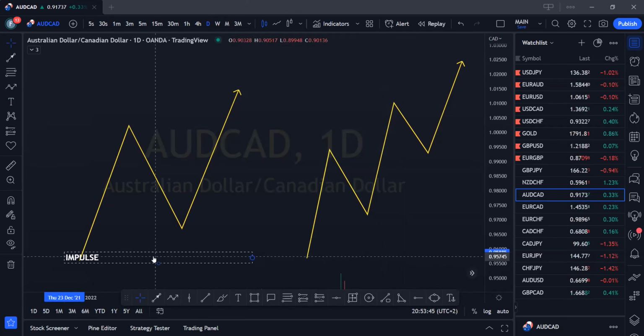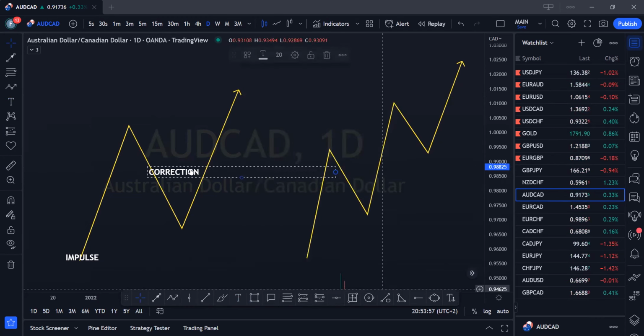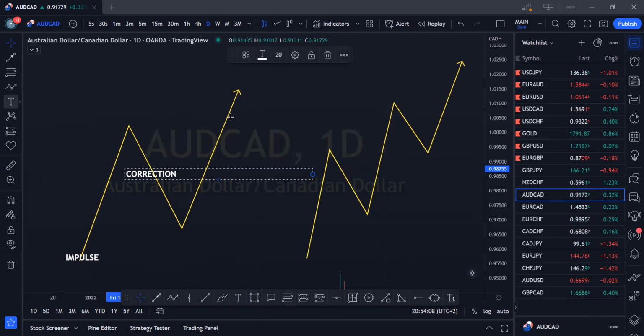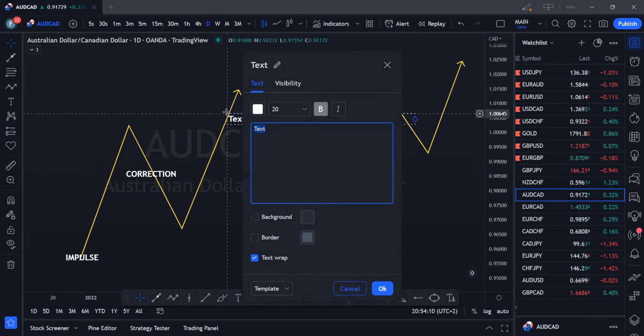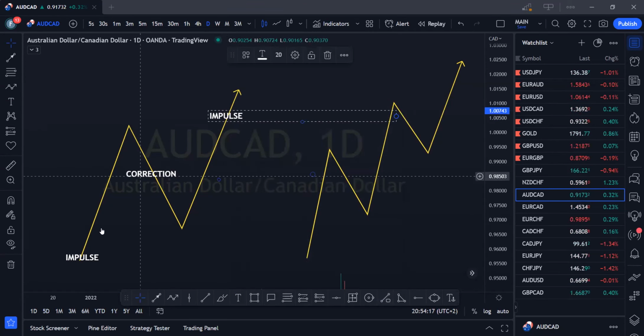The first one is impulse, and then the second one is a move called the correction. You can say correction or retracement or pullback, depends on you, but the ideal word is correction. It's a corrective move. And then the last one is impulse. All right. So impulse, correction, impulse.